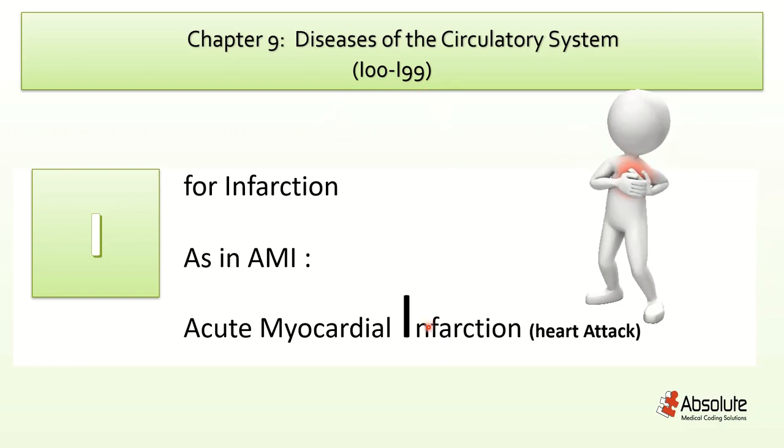And if you want to know what infarction is, it's the clinical term for tissue death. When you have a heart attack, often when the artery becomes blocked, it results in death of a tissue. That is what an infarction is. If you have a stroke, you have an infarction. The brain tissue results in death as well.